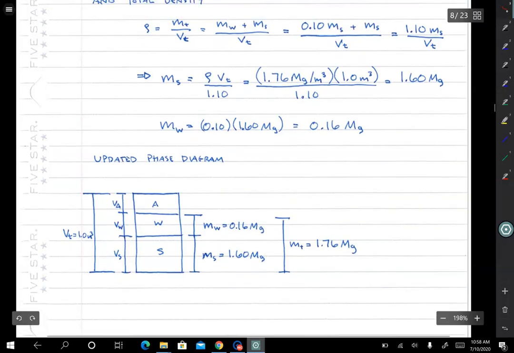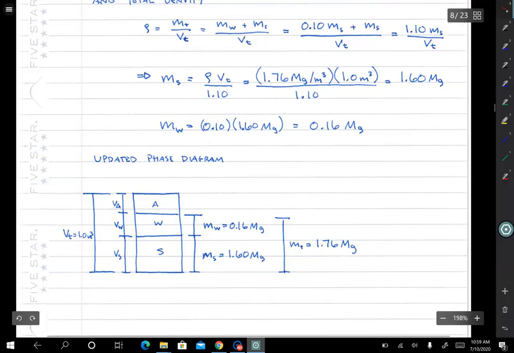Then we know water content, so it's easy for us to compute mass of water, simply equal to the water content times the mass of solids, and so we get 0.16 megagrams. So 1.6 here, 0.16 megagrams there, and then we know the total mass is 1.76 megagrams. So we've completed the mass side.